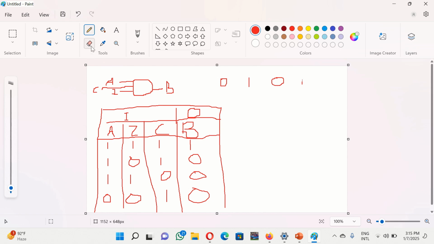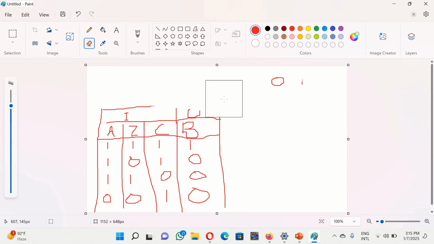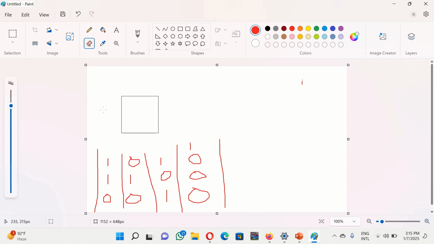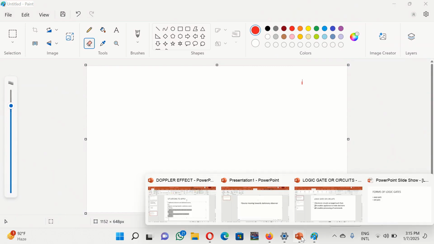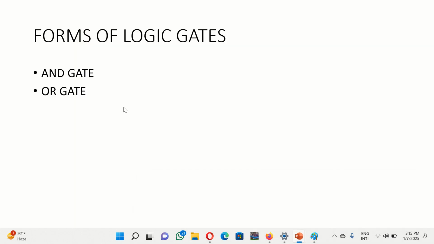Okay, so let's go to the OR gate. The same procedure. So this is the OR gate.